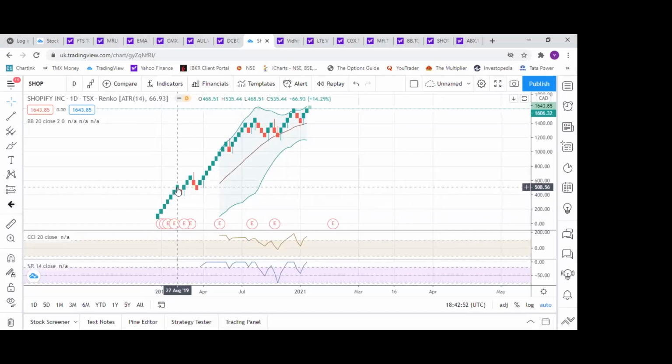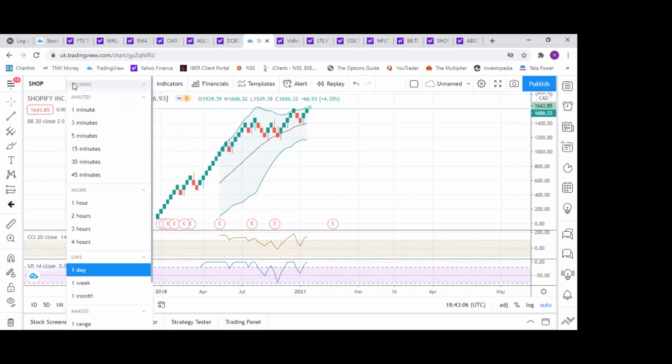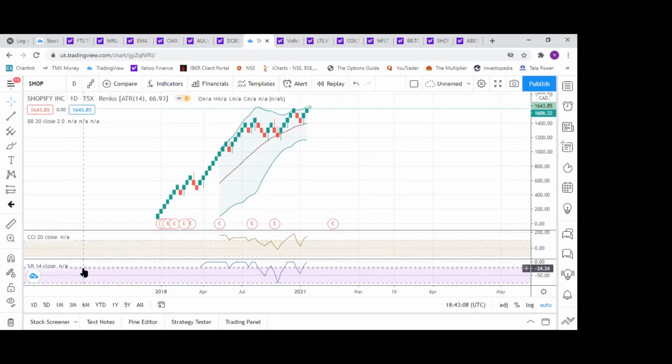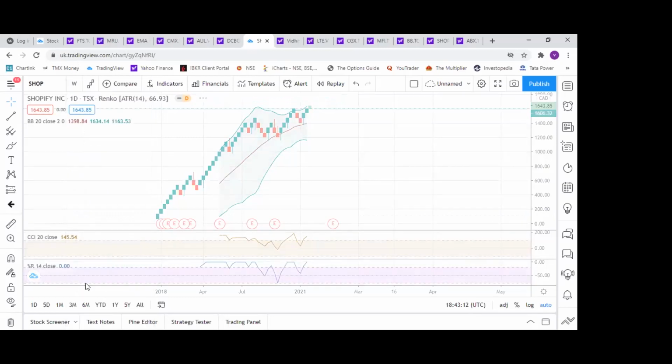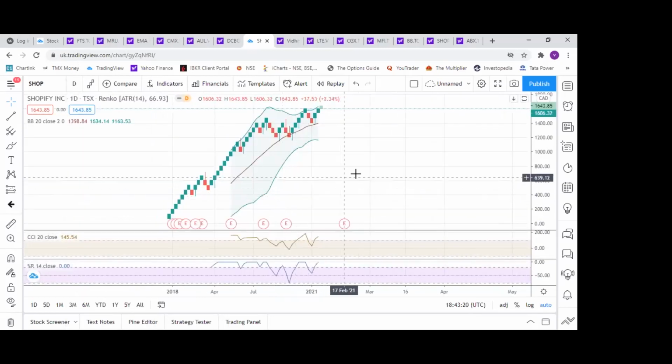If it starts falling below your 1 ATR, it will show you a red candle. So minute I see a red candle after a prolonged green one, it's time for me to get out. All right.